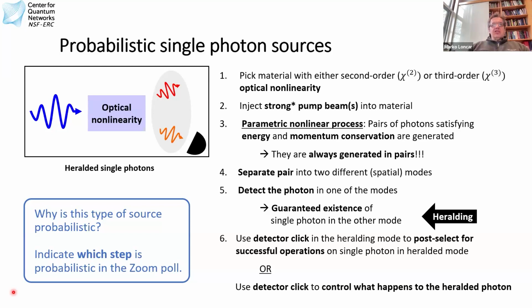CJ, want to answer the question? Can a probabilistic source generate entangled pairs of photons that we can use? Yes, absolutely. One of the nice things about these kinds of sources is that you can either use them as heralded single photon sources, or you can use them as entangled pairs.